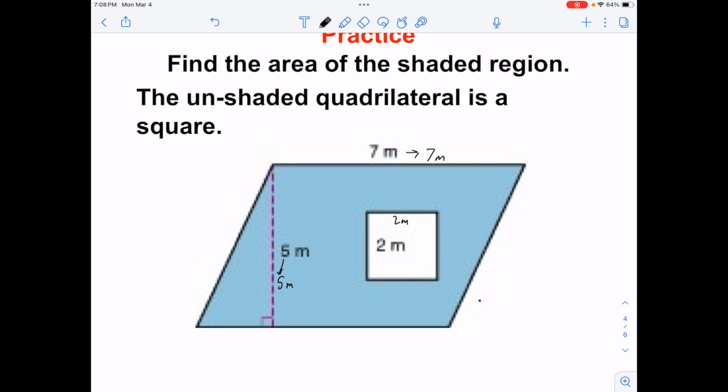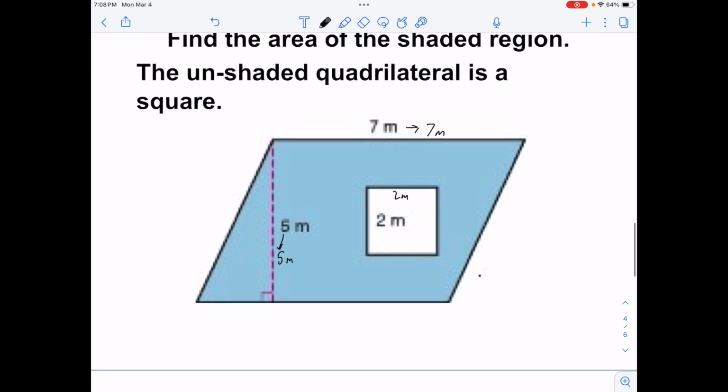This is a composite shape with a part that's missing. We have this parallelogram right over here, that quadrilateral, that parallelogram, but this part's missing. They took that part out. So instead of area addition, this is going to be area subtraction.